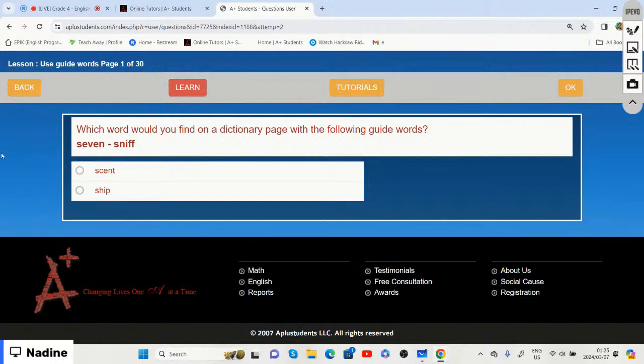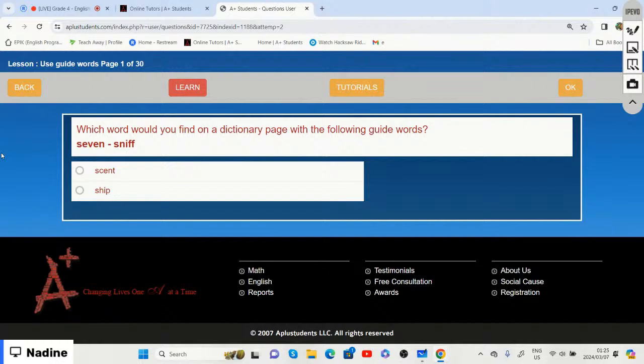So we have seven and we have sniff. We need to find any other word in between that.